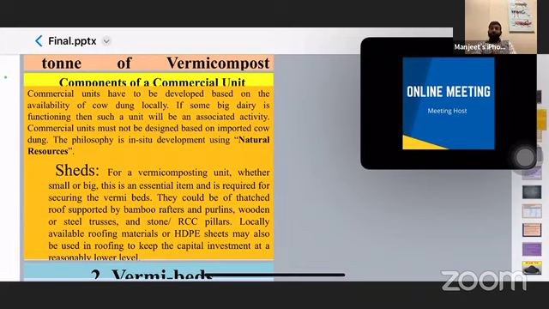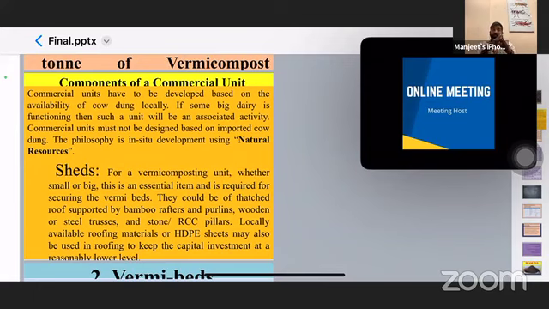Today, we will discuss some major components of the commercial vermicompost unit, which are very necessary to start any small or large scale vermicompost based business. First of all, a commercial unit has to be developed based on the availability of cow dung, or you can say the raw material. If some big dairy is functioning, then such a unit will be an associated activity.